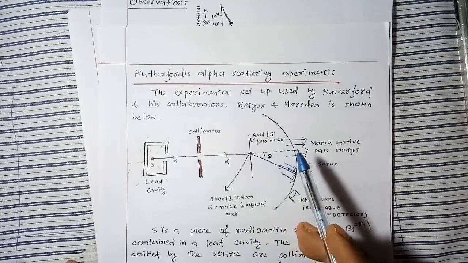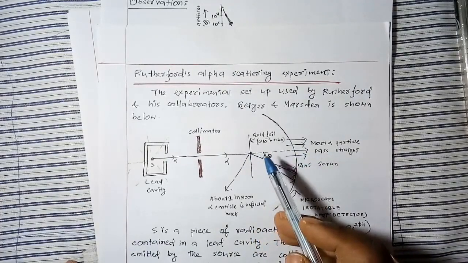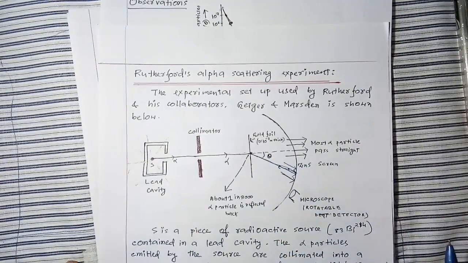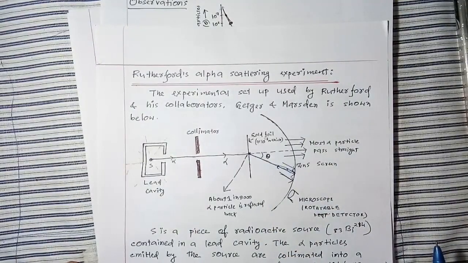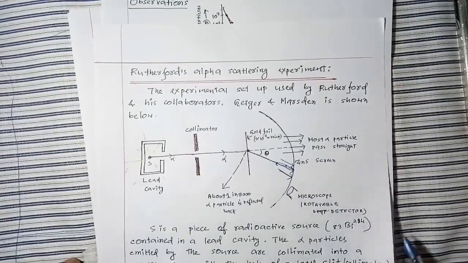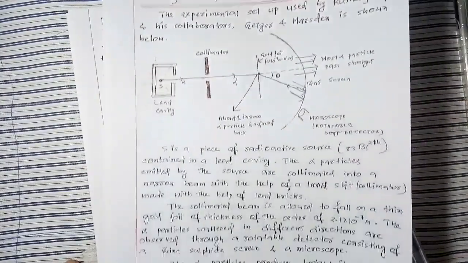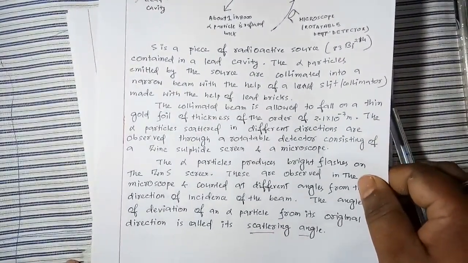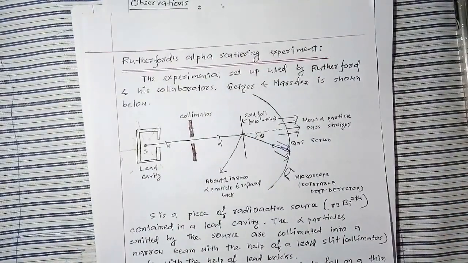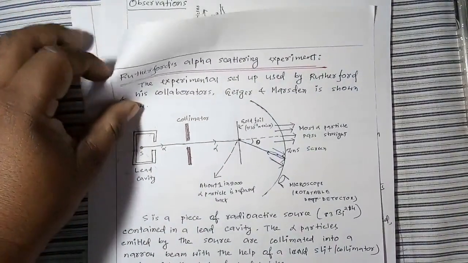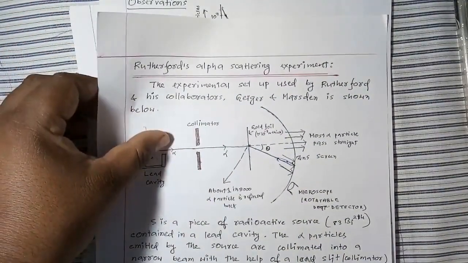So because of the gold foil, the alpha particle suffers a deviation from its original path. The angle by which it gets deviated from its original path is called the angle of scattering. So this is the experimental arrangement of the Rutherford alpha particle scattering experiment.